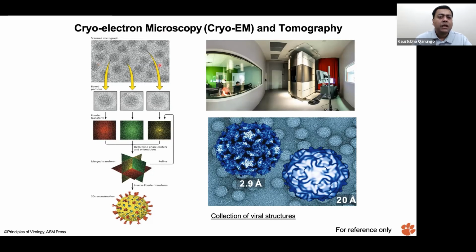take the image, a two-dimensional picture, and you Fourier transform. So these are the two-dimensional projections of the three-dimensional structure, and then you can rebuild or merge them to get an average.